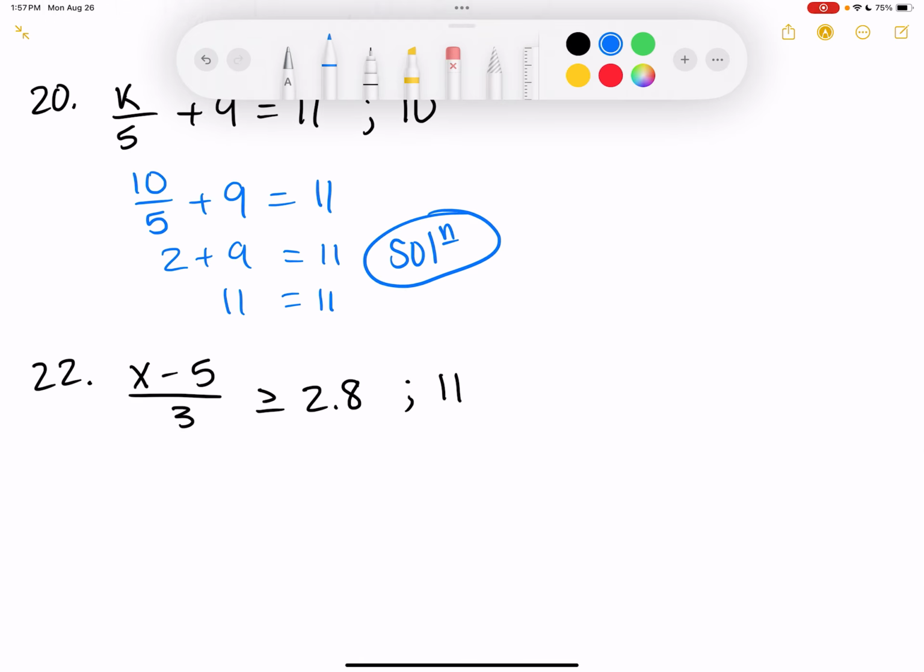So 11 minus 5 divided by 3 is greater than or equal to 2.8. What's 11 minus 5? 6. 6 divided by 3 is? 2. So 2 is greater than or equal to 2.8. Is that true or false? False. So this is no solution.